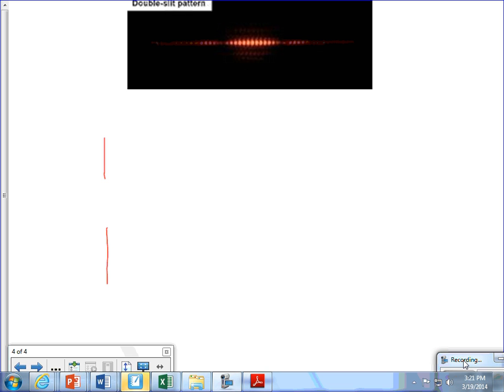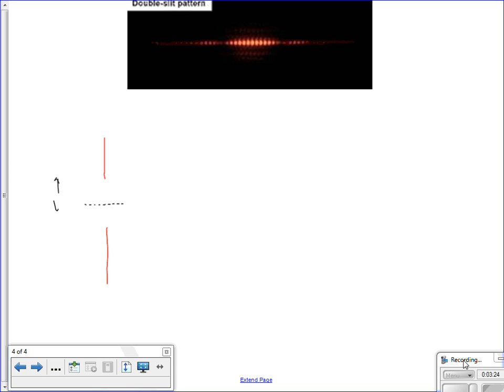If we divide the slit in half, I'm going to define the width of this slit by W. Look at one location in space right there and one location right there.